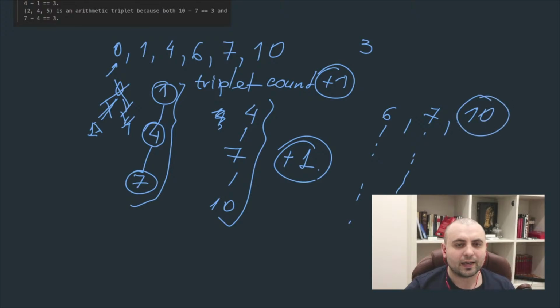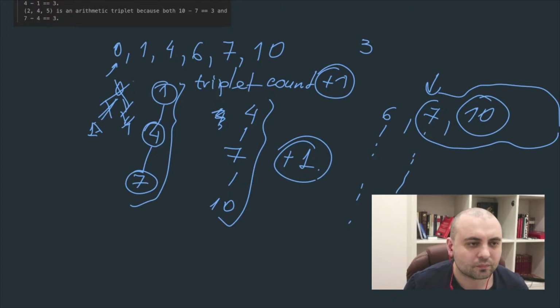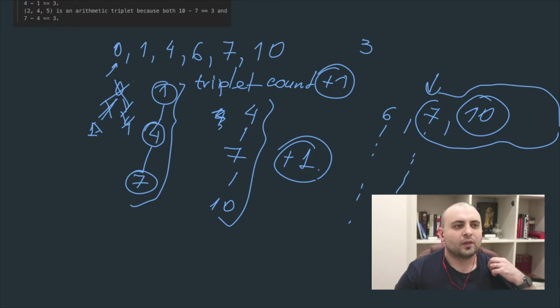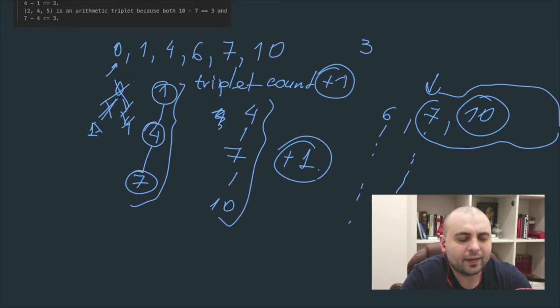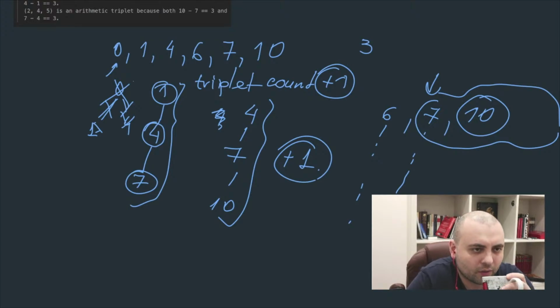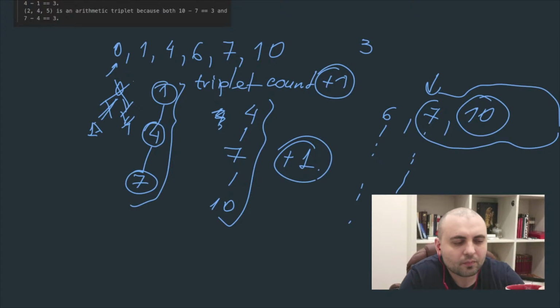But I guess we can stop at 7, because there are no more elements to form a valid triplet. Okay, so we kind of have an intuitive approach on how to solve it. But now we'll need to code this.